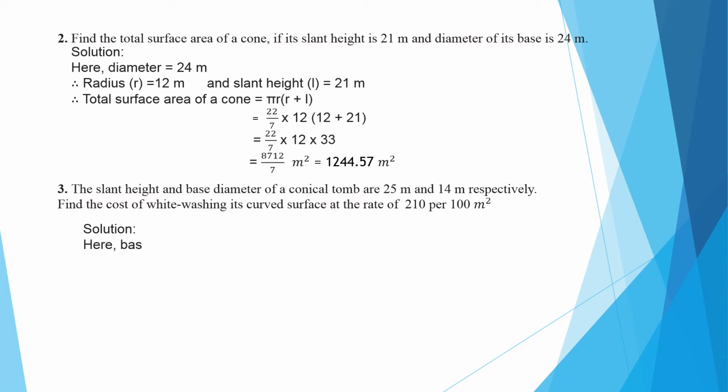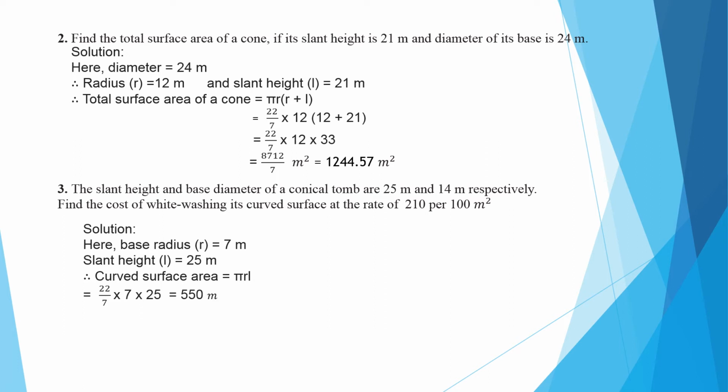The slant height is given as 25 meter, and the radius will be 7 because the diameter was 14. So the curved surface area is pi RL, that is 22 by 7 into 7 into 25, that is 550 meter square. For whitewashing, 1 meter square is equal to rupees 210 divided by 100.